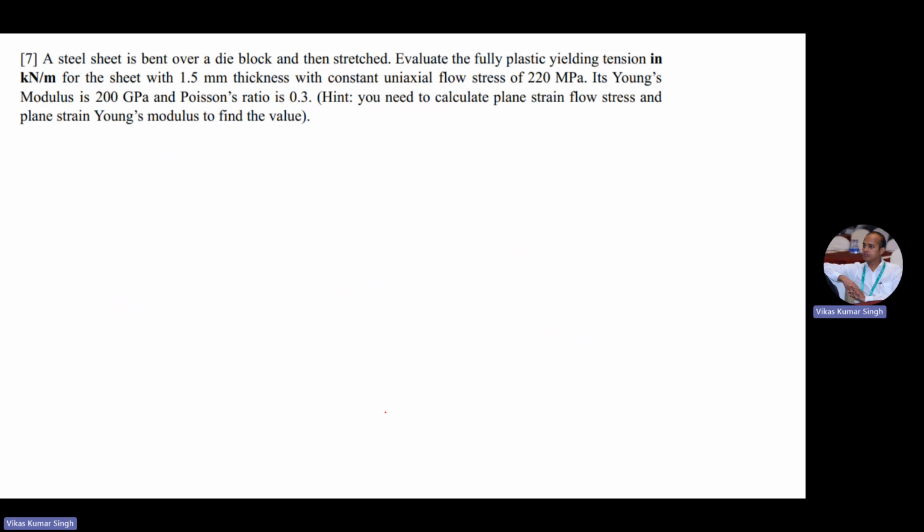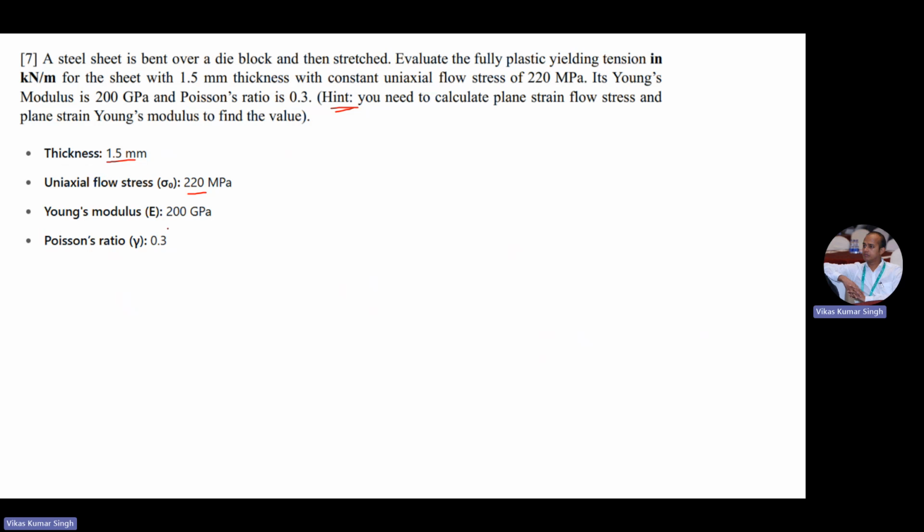So in the question, a hint is given. You need to calculate the plane strain flow stress and plane strain Young modulus to find the value. This hint is given in the assignment itself, so that's why I have taken it. So here, one by one, we have to calculate. Thickness is given, uniaxial flow stress is given, Young modulus is given, Poisson ratio is given.